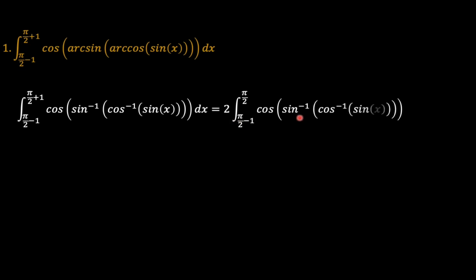So if you look at the sine term here, and you look at pi over 2 minus 1 and pi over 2 plus 1, these are equal as regards sine. So it means that for the function sine, it is symmetric about pi over 2.